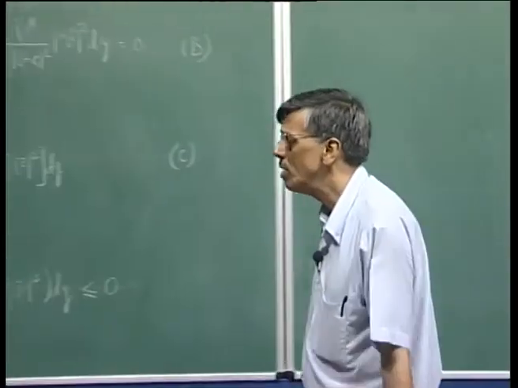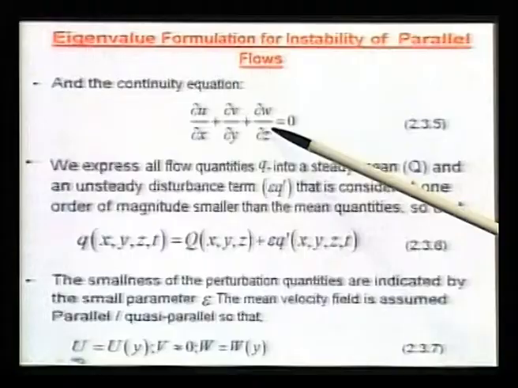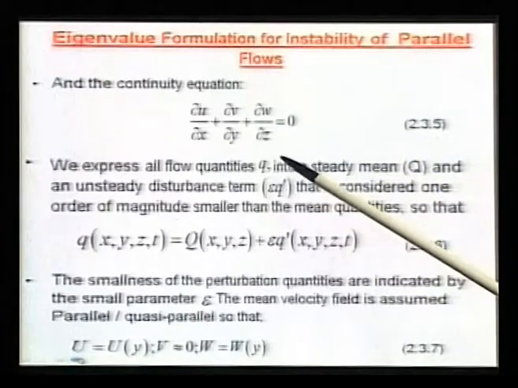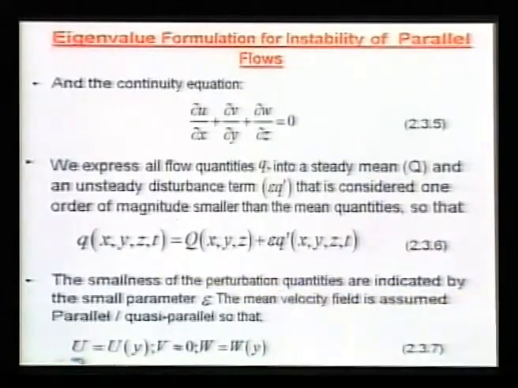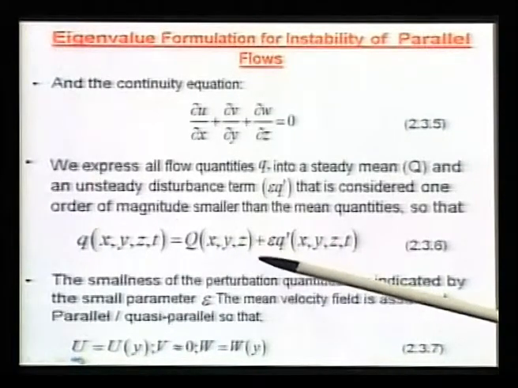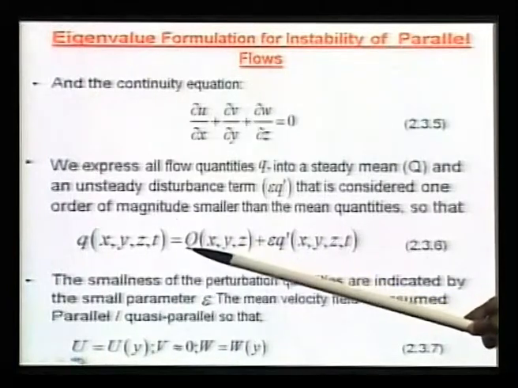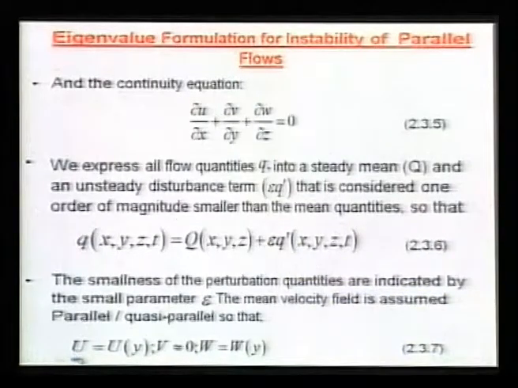So, those three momentum equations ought to be supplemented by the mass conservation equation written like this, and next we define any flow quantity, which I have used as lowercase q, to have a mean flow or the equilibrium flow which is steady. Okay. So, this capital Q which defines the equilibrium flow is a function of space only, not time, whereas all time dependence comes into the disturbance quantities.